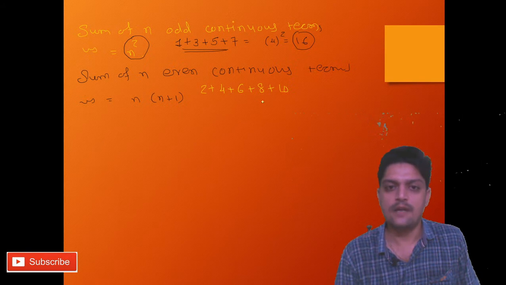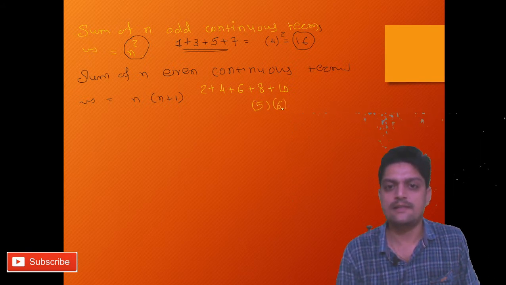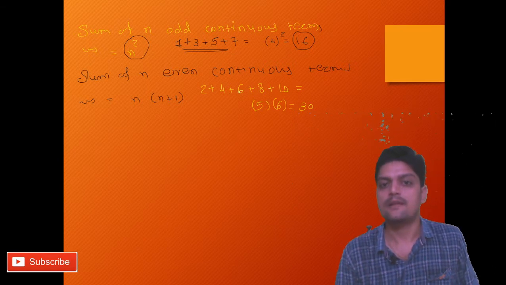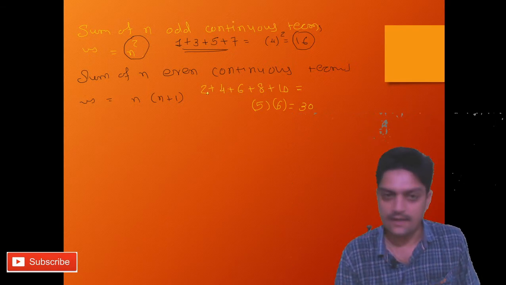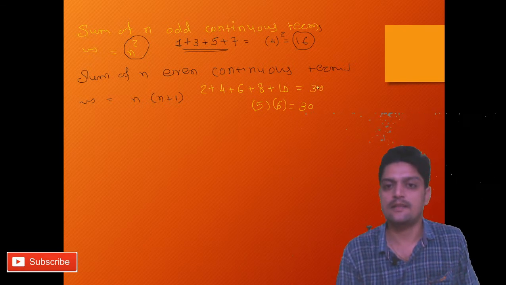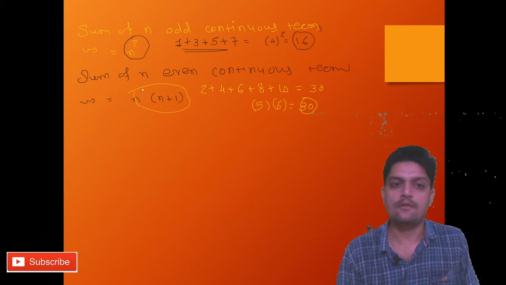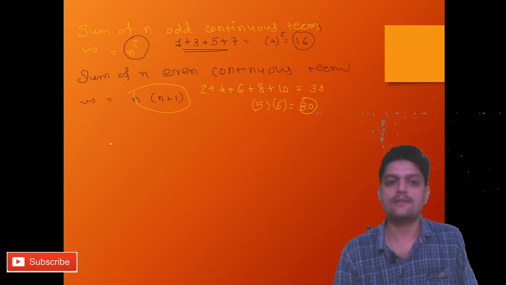So what do I have to write here? 5 into 5 plus 1 is 6. So the total is 5 sixes are 30. If you add these numbers, 10 plus 8 is 18, plus 6 is 24, 28 and 30. See, the answer 30 comes. So you have to write n into n plus 1.